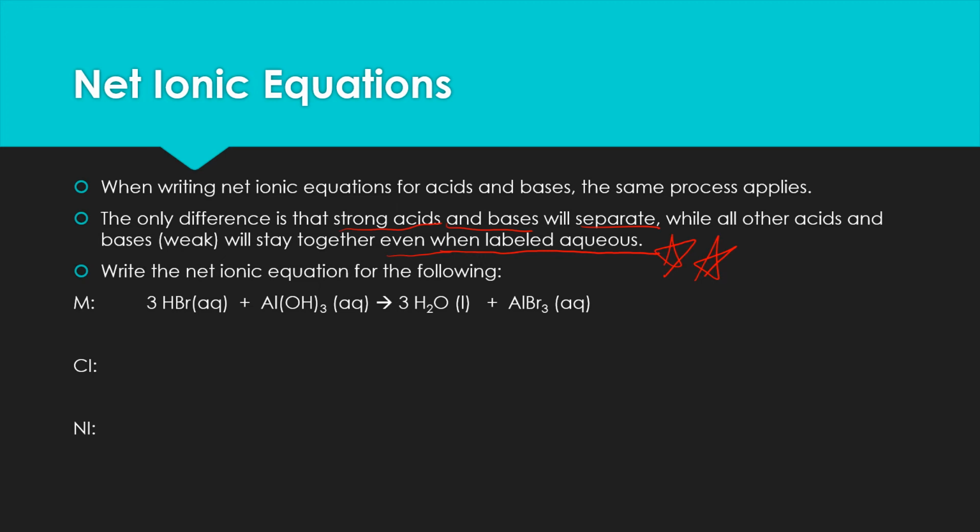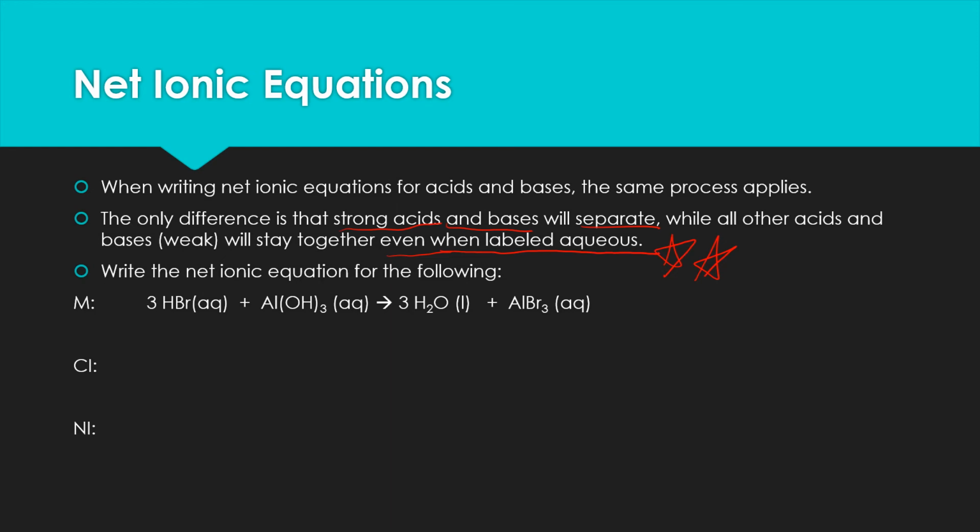How do we know if it's strong or weak? Well, that's why we had the list on the last couple slides. If it's a strong acid, if it's on the list, it's going to separate into its ions. If it is not on the list, if it is weak, it's going to stay together. So I always think it's strong and independent, meaning they separate, or they're weak and need a buddy. They have to stay together.